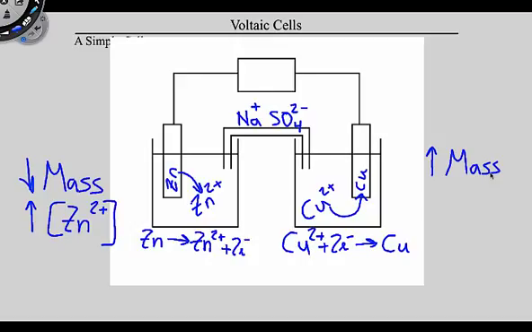So guys, the mass of this is going up. Where's the copper coming from? The solution. And therefore, what's happening to the concentration of the copper ion? It's going down. So decreasing concentration of copper ion in solution.